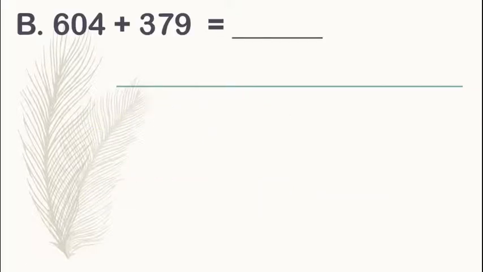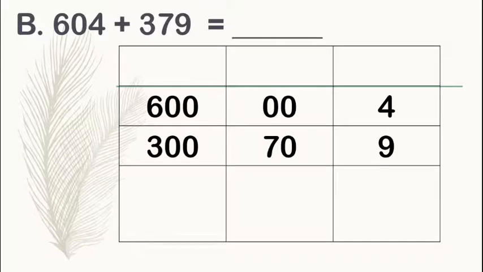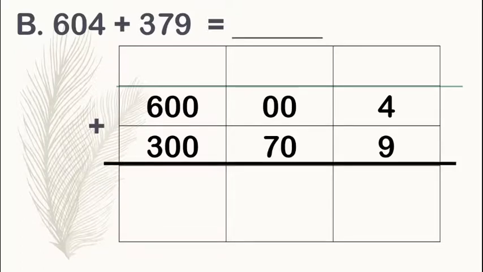So we have 604 plus 379. The first thing we need to do is to expand the following. The first addend's expanded form is 600 plus 0 plus 4, while the second addend is 300 plus 70 plus 9. So we need to add the following starting with our ones.